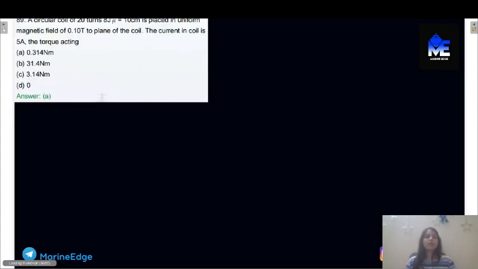Now moving on. A circular coil of 20 turns. So it is given that the number of turns N equals 20. The radius is 10 centimeters. I think there's something wrong written here, but okay.